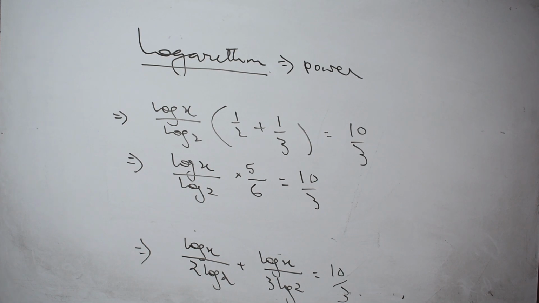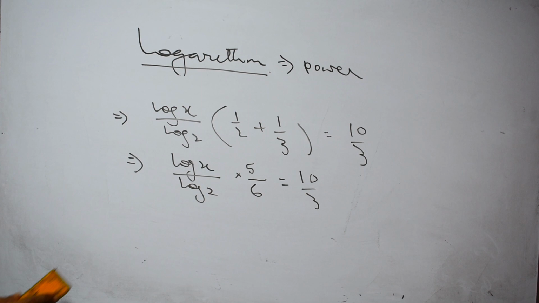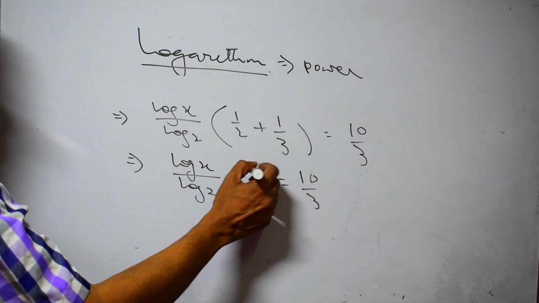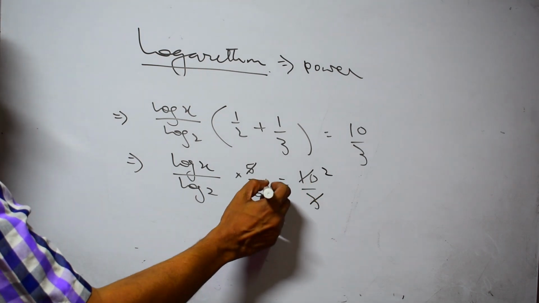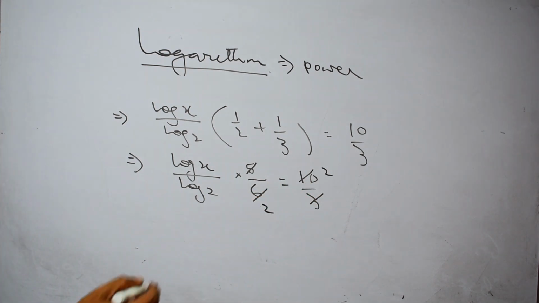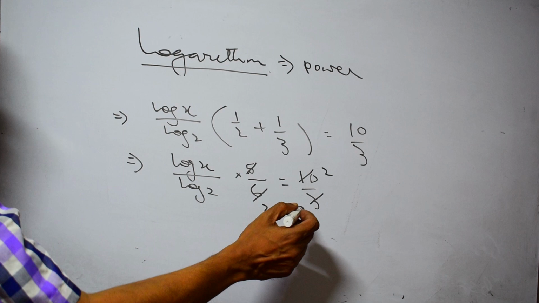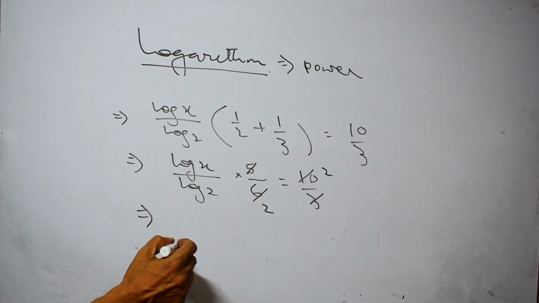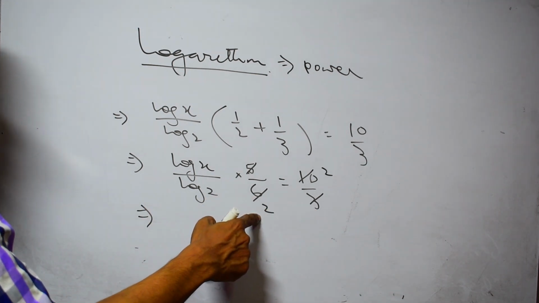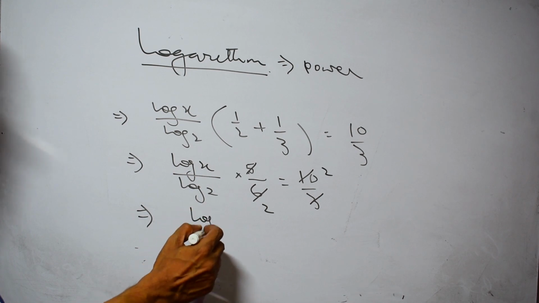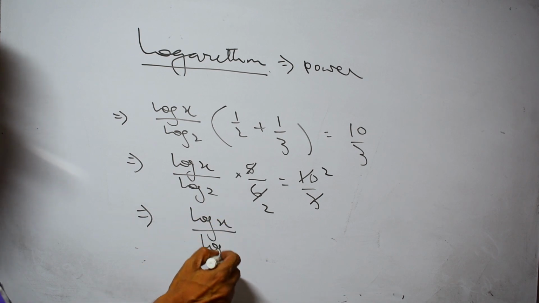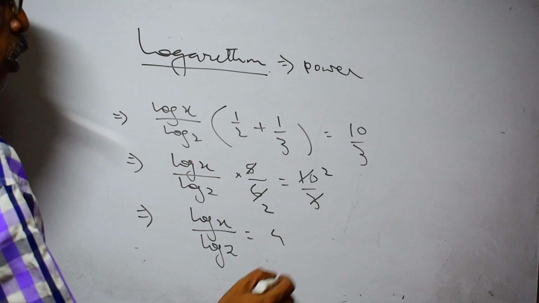So now we are calculating the value of log x in terms of log 2. We can cancel the 5 and the 10 with 5, and the 3 and the 6 with 3. So log x by log 2 is 4.